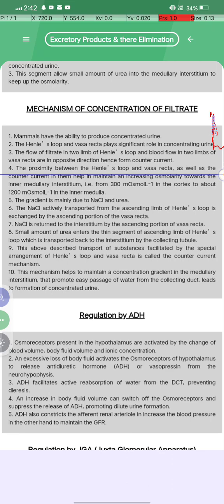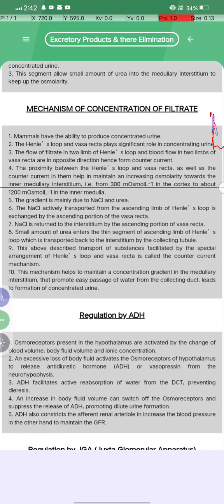The proximity between the Henle's loop and the vasa recta, as well as the counter current in them, helps in maintaining and increasing osmolarity towards the inner medullary interstitium.